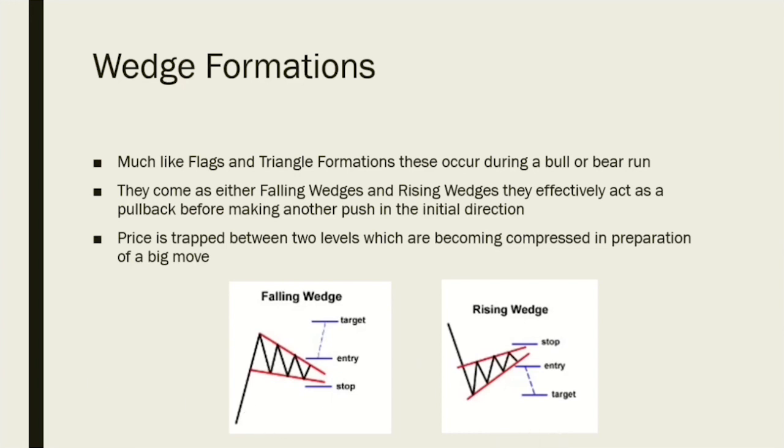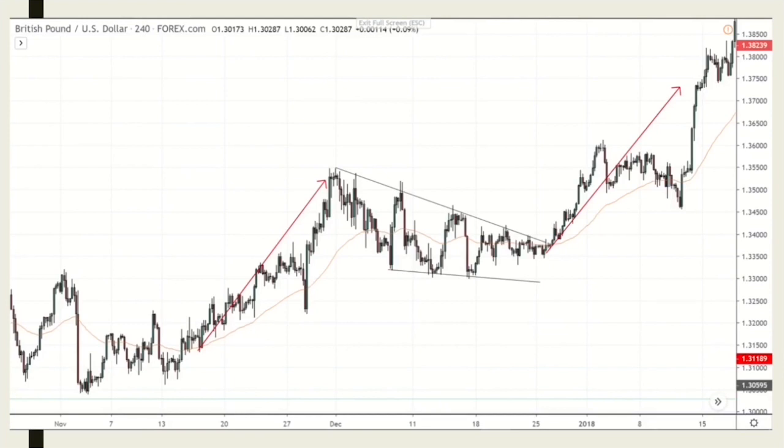So let me show you some examples. With the wedge formation, one thing you need to notice is price is always going to continue in that direction. But with your two lines that you draw, they have to be in the same direction.